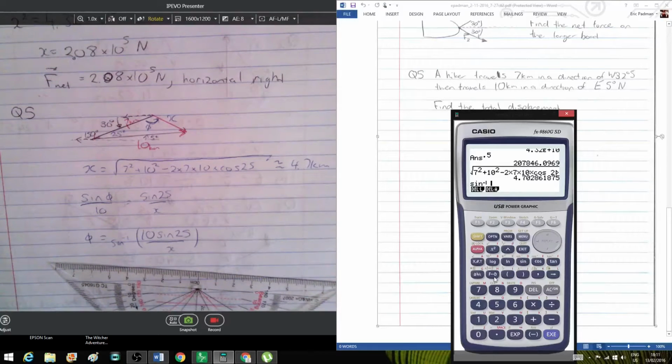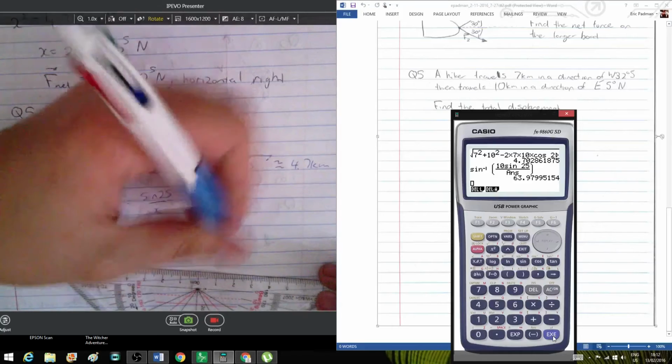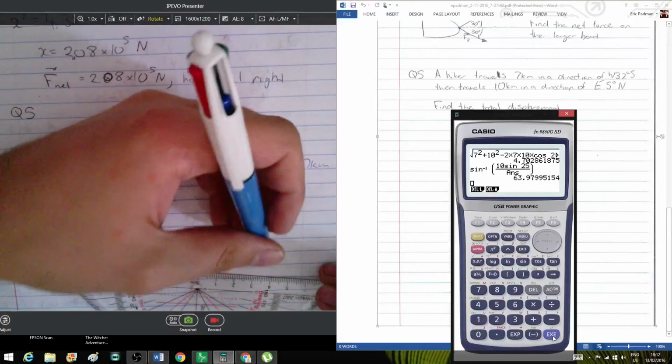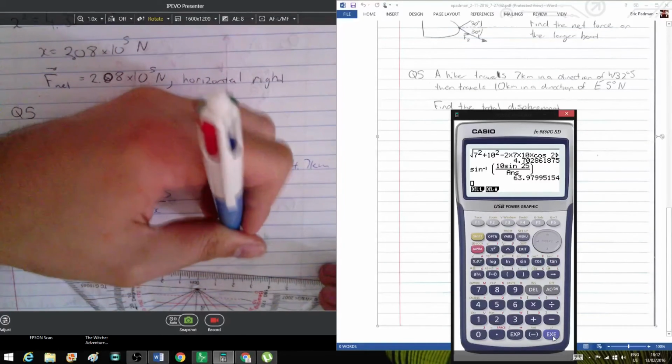Inverse sine of the fraction 10 sine 25 over my last answer. Okay, so that angle is, now look, I've just got 64.0.